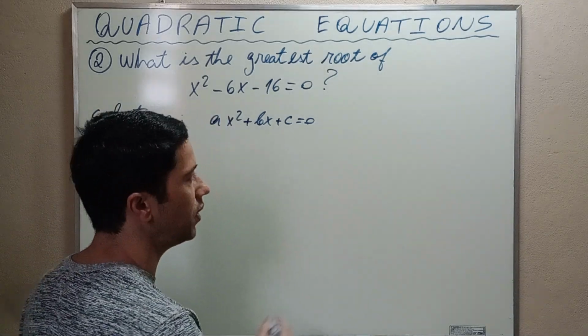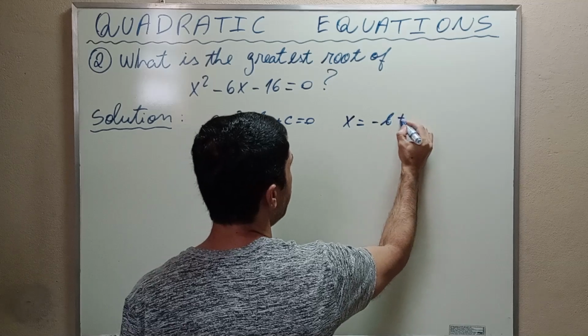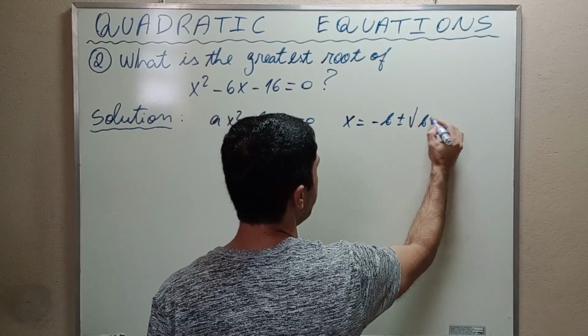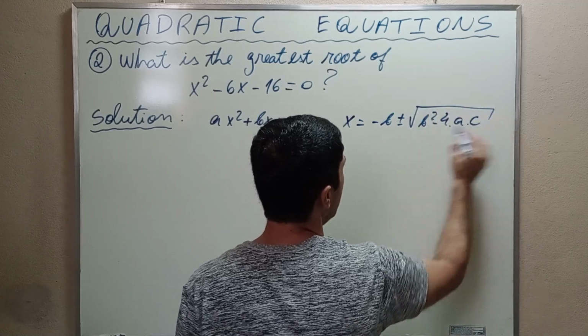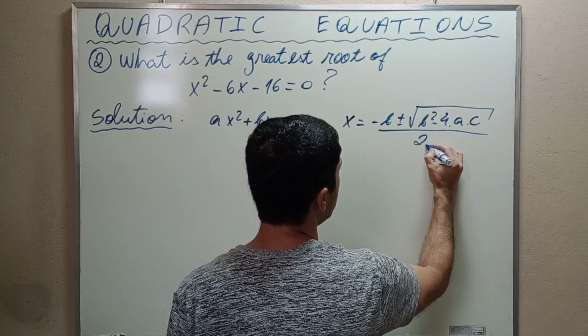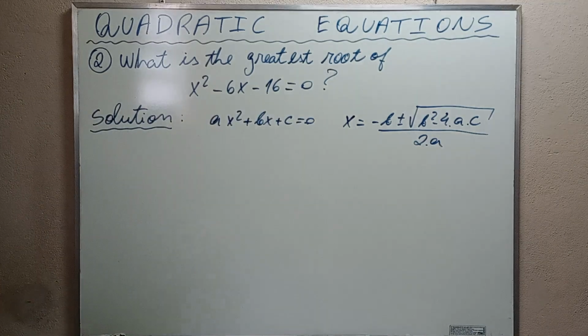The quadratic formula is x equals negative b plus or minus the square root of b squared minus 4ac, divided by 2a. We shall use this expression to find the roots of this equation. Let's do it.